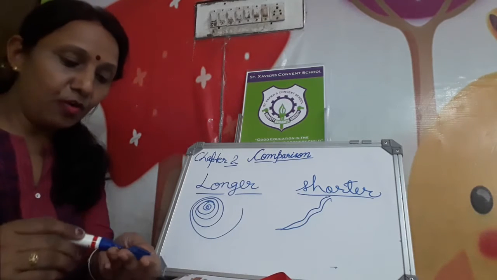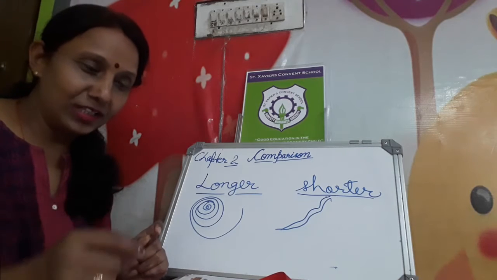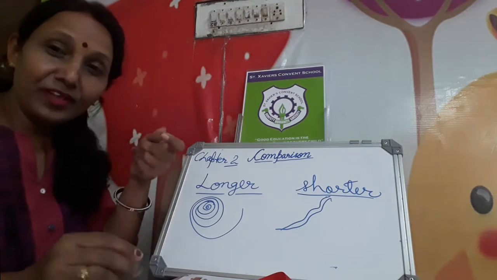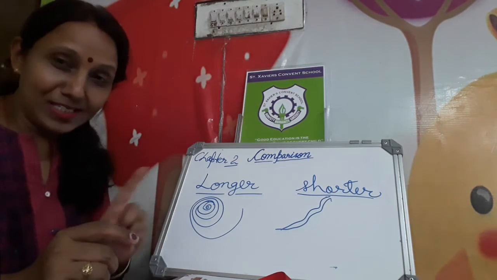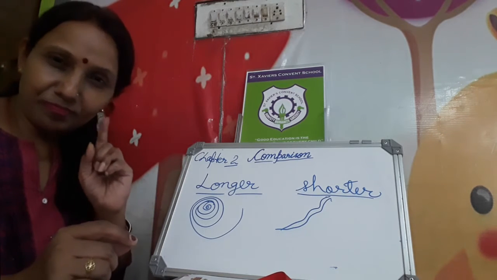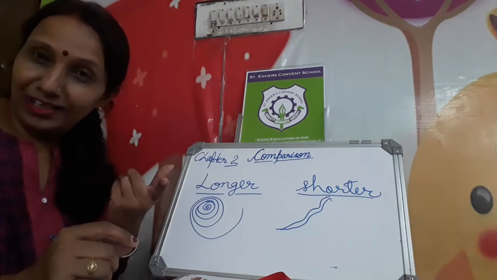Got it? So when you eat noodles, some noodles are longer and some noodles are shorter. But this fast food is not good for health. So eat it only once in a month, not in a week.